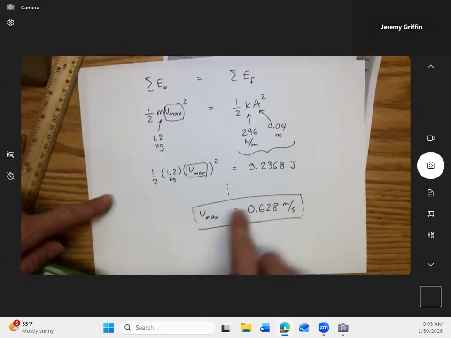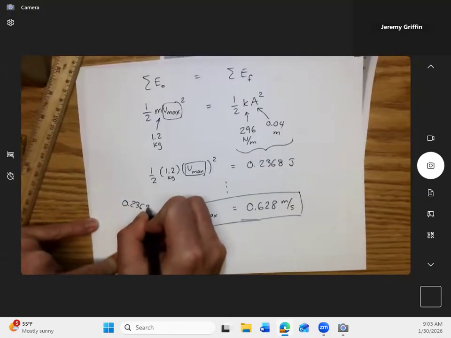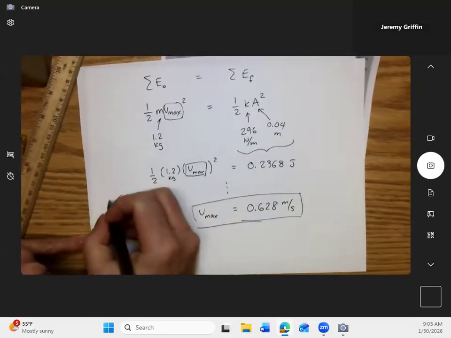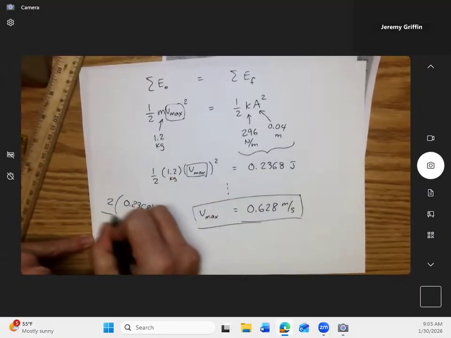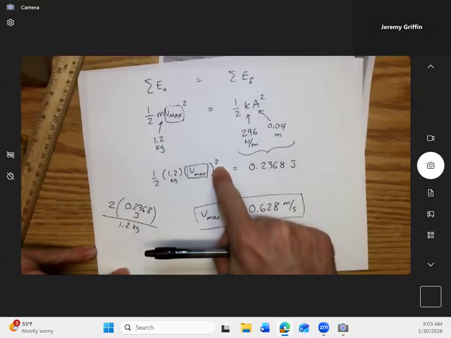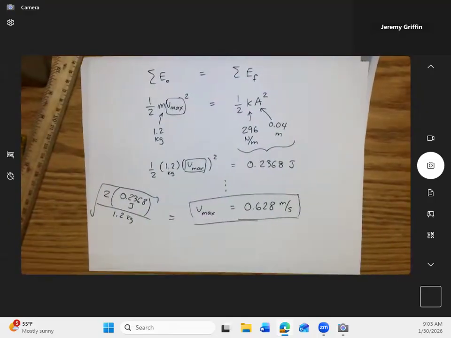So guys, take the 0.2368 joules, cross multiply the 2, so times 2, divide by 1.2 kilograms. And then the last step is to take the square root. And that's how you get that.